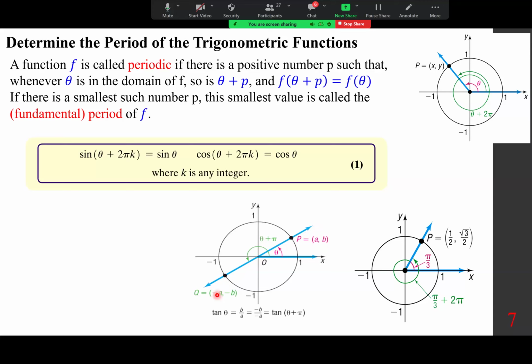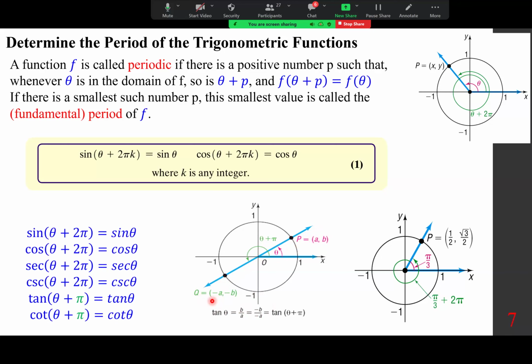When we add pi, we end up in the third quadrant, in which case both of them are negative. So because tan theta, by definition, is sine over cosine, in this case positive over positive, in this case negative over negative, they end up giving you the same answer. Therefore, the period for tangent and cotangent is pi.